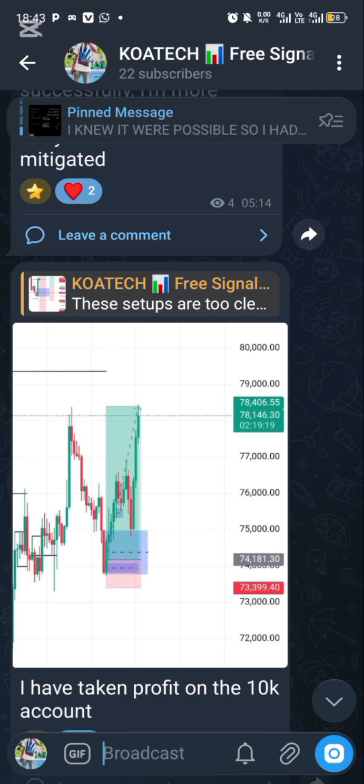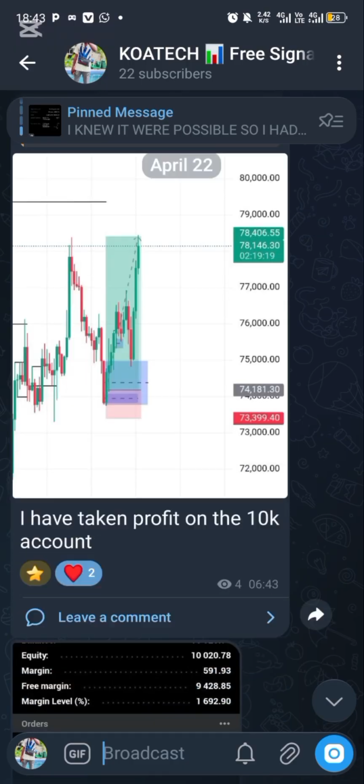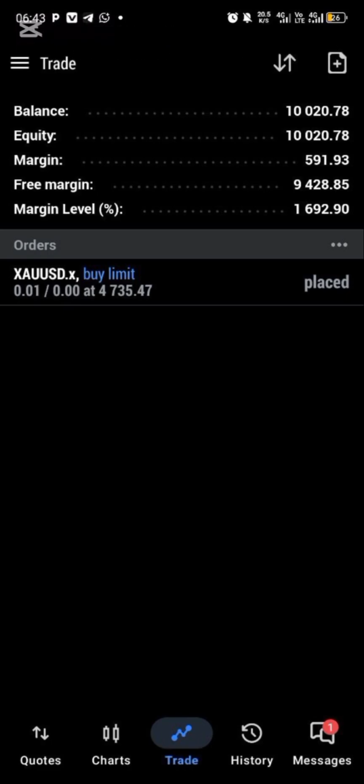So I closed it manually here, and I said I have taken profit on the 10k account, and look at it here. And then my account balance was brought back to 10k, brought back to break even with a $20 profit.